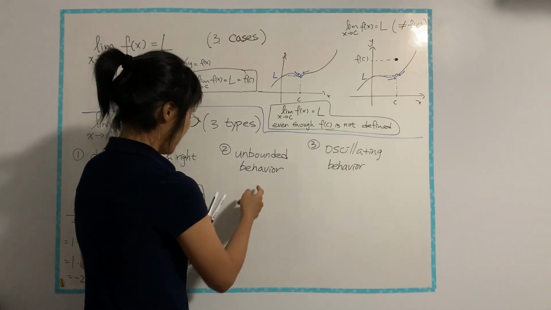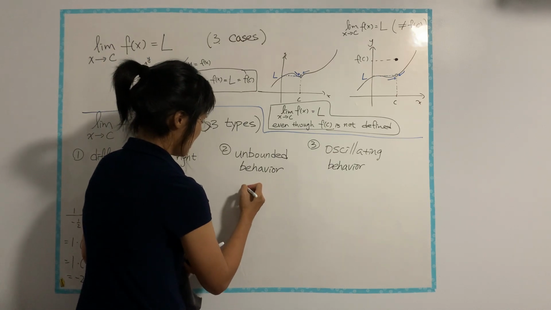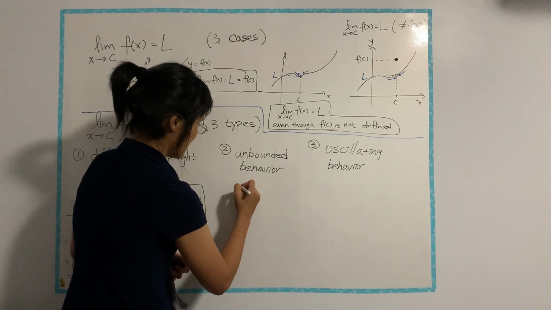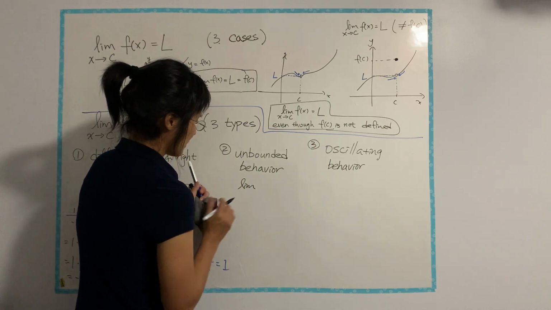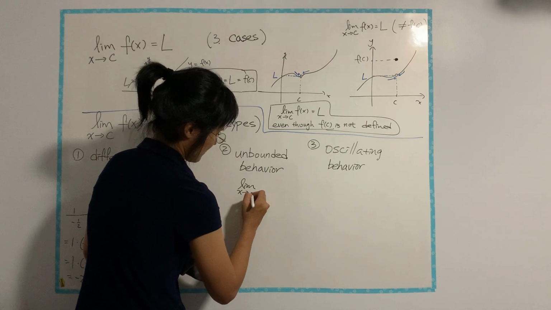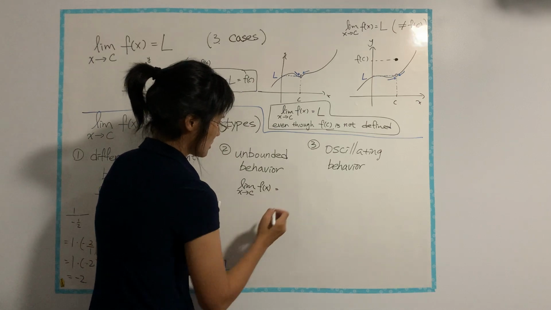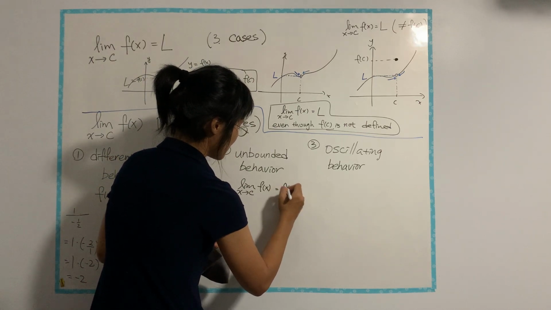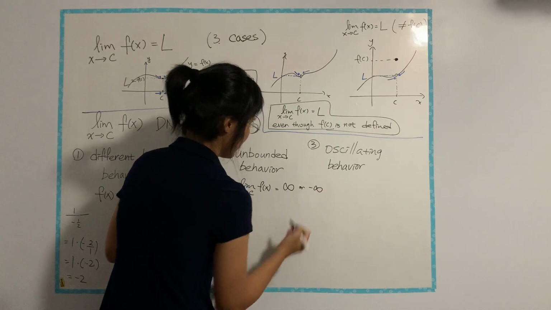And unbounded behavior, what does that mean? That means the limit of f of x is equal to positive infinity or negative infinity.